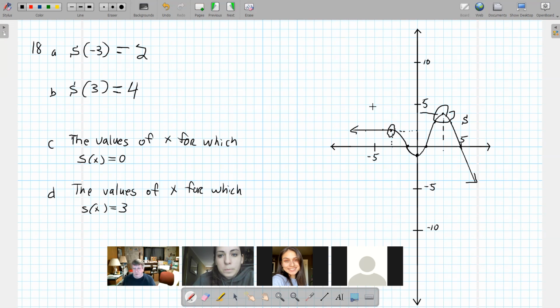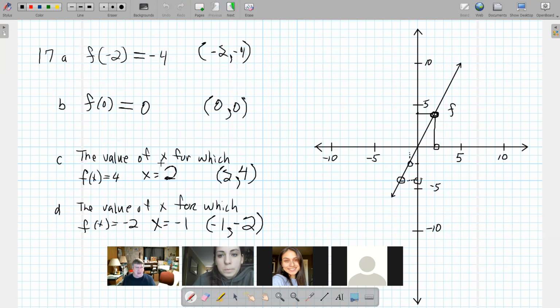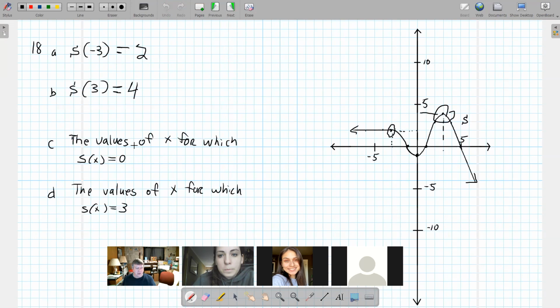Now, it says the values of x for which s of x is 0. On the previous problem, it said the value. So now, apparently, we've got more than one x value leading to 0 as a y value. So s of x or y equals 0 would be right there, and there, and there, wouldn't it?